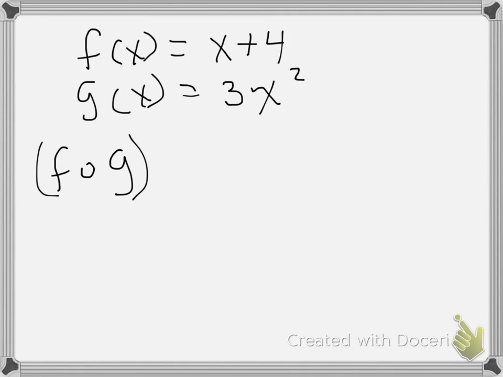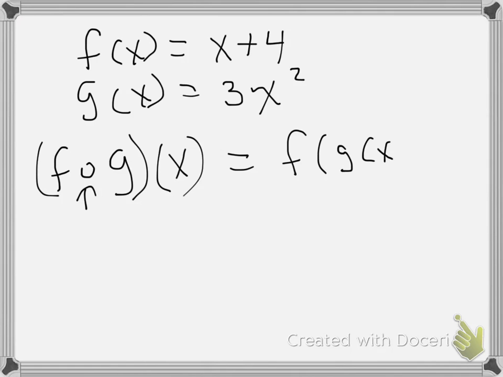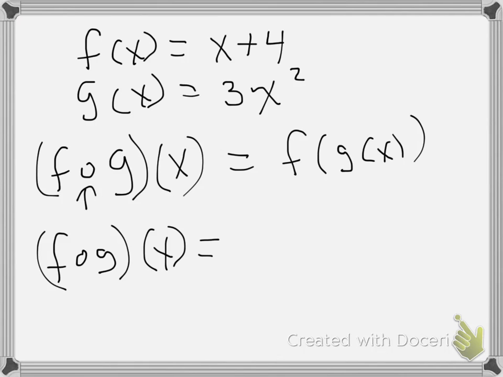We'd use that little circle right there that says f of g of x. And all that really means is that we're putting g into x. So f of g of x would be, where we have the x up there, we would put 3x squared plus 4. And that's f of g of x.